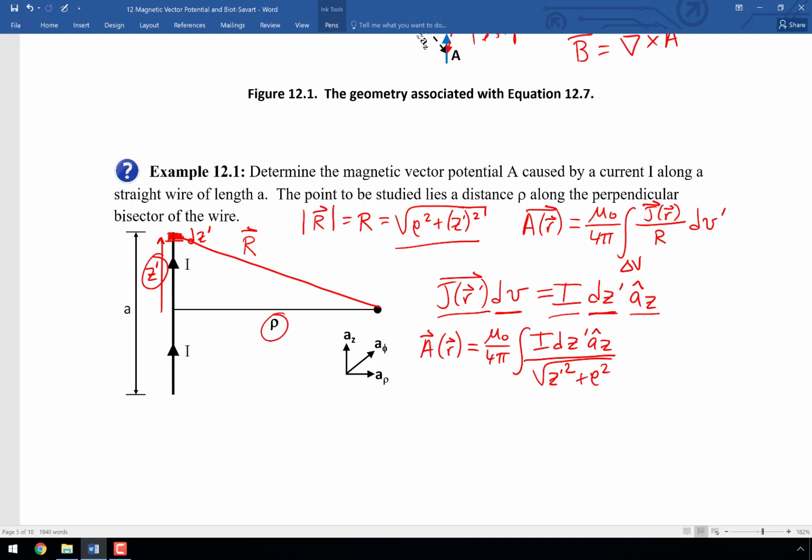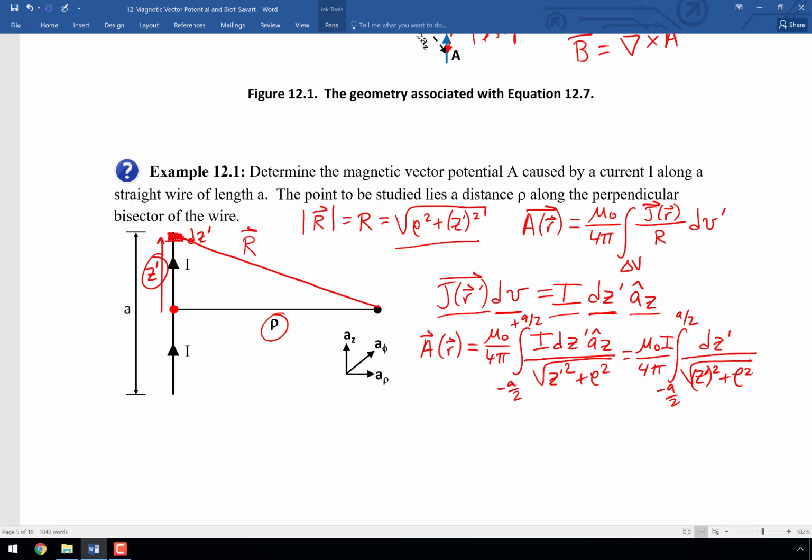Okay, so for the limits, I'm going to take the center of the wire to be 0, and so this is going to go from minus a over 2 up to plus a over 2. We know that I is constant, so that's going to pop out in front. So this is mu sub 0 I over 4 pi times the integral from minus a over 2 to plus a over 2 of dz prime divided by the square root of z prime squared, that's not z to the 12th, it's z prime squared, plus rho squared.